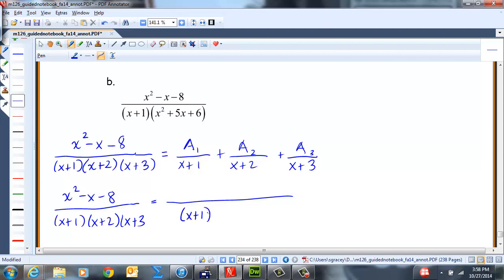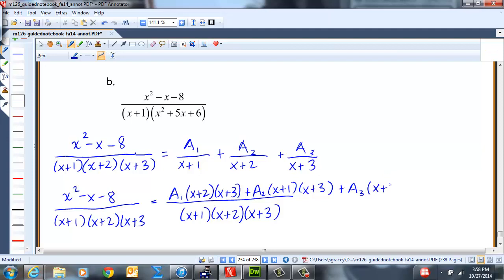Our common denominator is x plus 1 times x plus 2 times x plus 3. a1 is missing the x plus 2 factor and the x plus 3 factor. a2 is missing x plus 1 times x plus 3. And then a3 is missing x plus 1 times x plus 2.